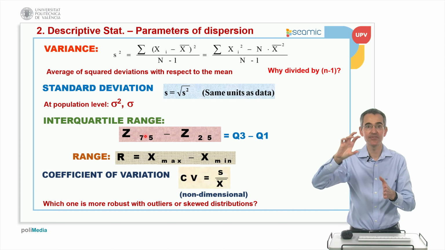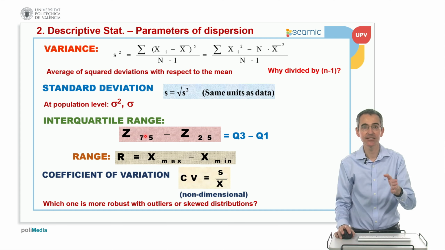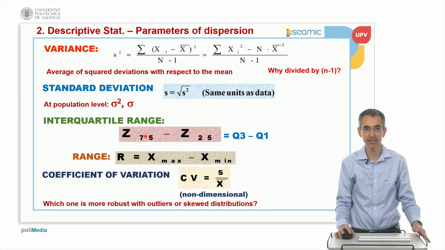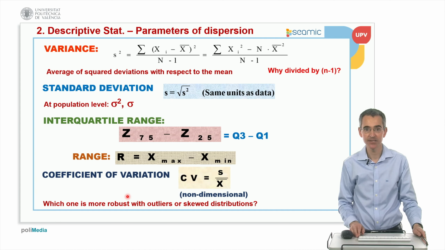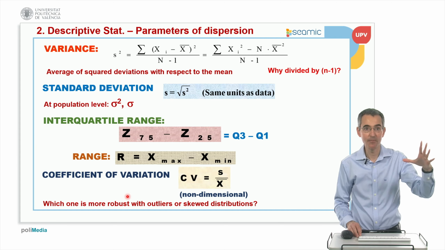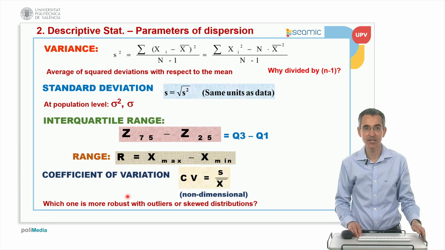So if I have an outlier, it does not affect the calculation of the quartiles. So we say that the interquartile range is robust, is recommended in case of outliers or in case of skewed distributions. For example, if I want to compare the dispersion of skewed distributions, this is one option.